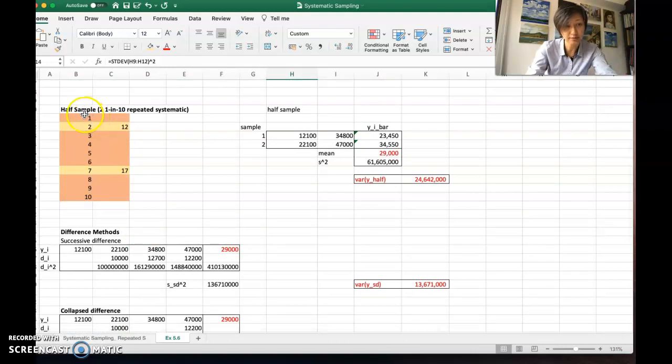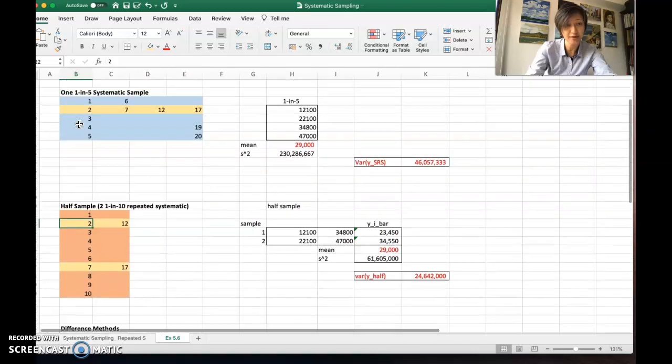I put it into 1 in 10 data. The first start would be the second data, and because k is now 10, the next item would be the 12th. The second random start would be the 7th, and then the next item taken would be the 17th. So now I have a half-sample repeated systematic sampling.